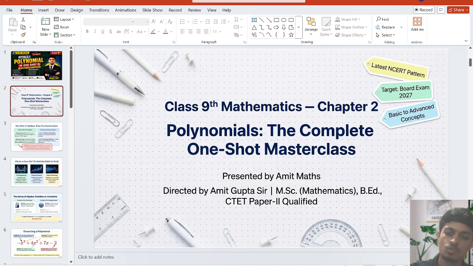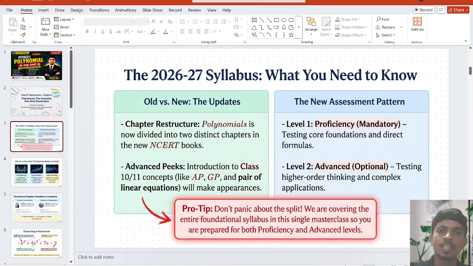Okay, so let's begin. What is the syllabus? What do you need to know? Old versus new updates. Chapter structure: Polynomials is now divided into two distinct chapters in the new NCERT books. Advanced topics: introduction to class 10 to 11 chapters like AP, GP and pair of linear equations will make appearances.